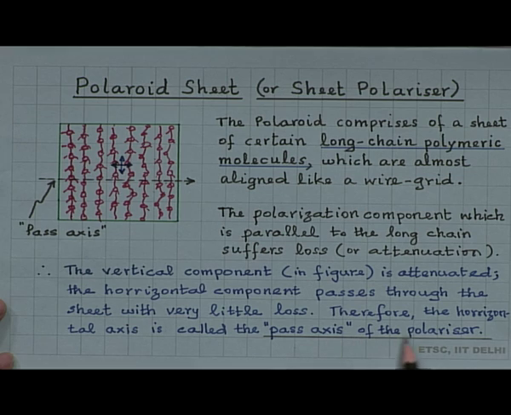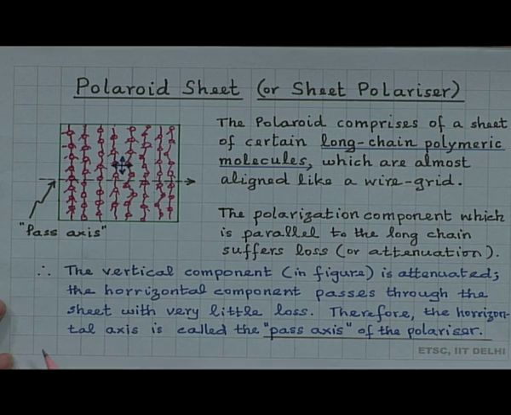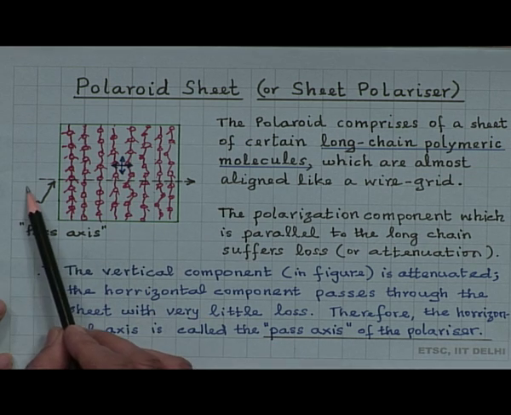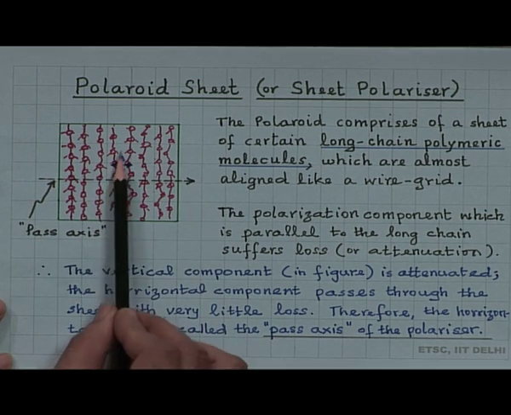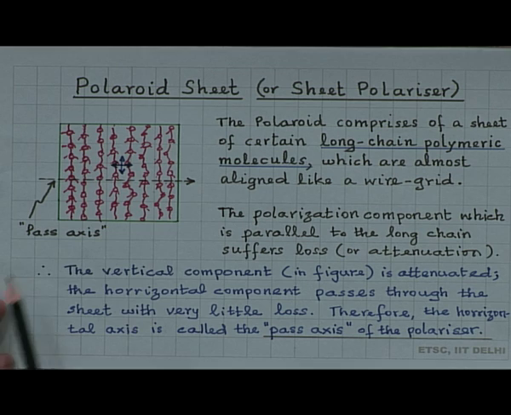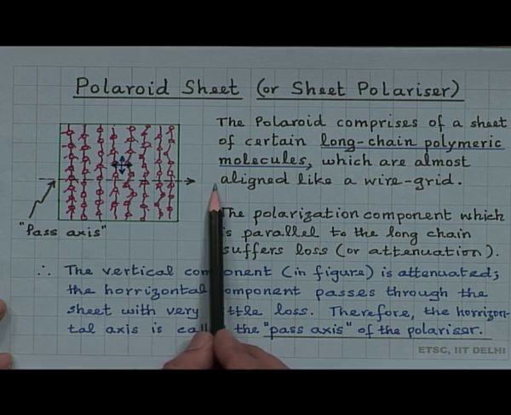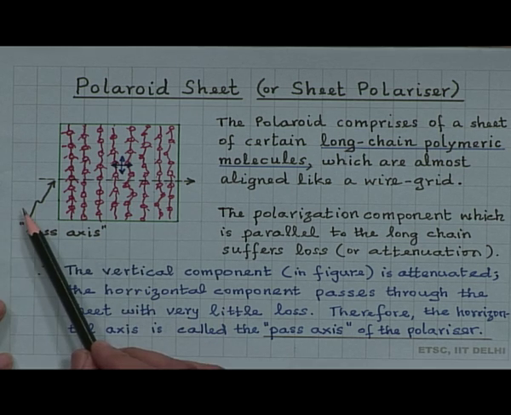The pass axis of the polarizer refers to that axis which allows polarization of light to pass through. So, in this case the pass axis is horizontal. Let me repeat again that the vertical polarization here undergoes loss, but the horizontal polarization passes through the sheet, and therefore the horizontal axis here is called the pass axis.